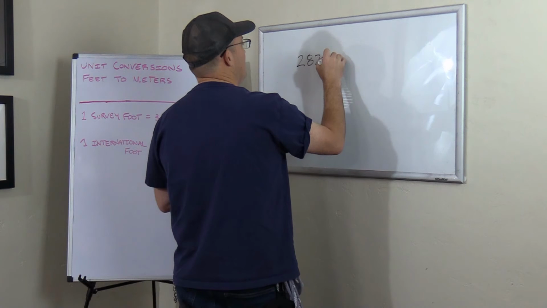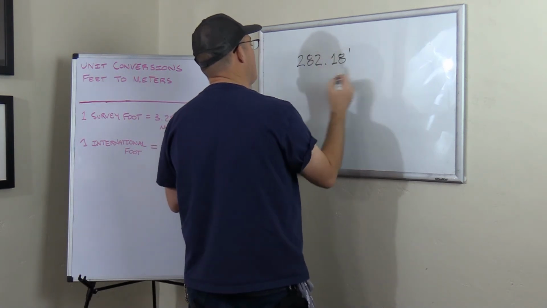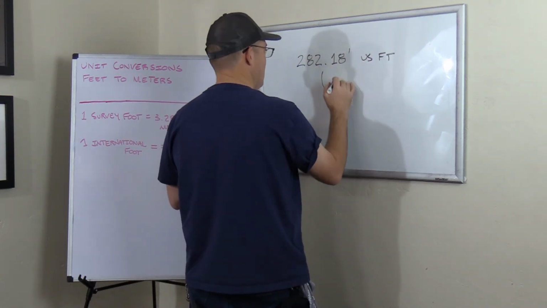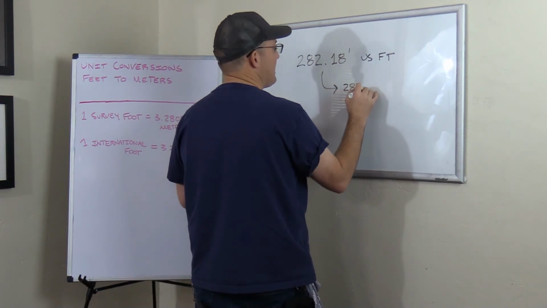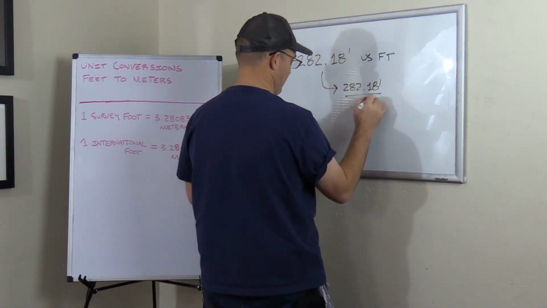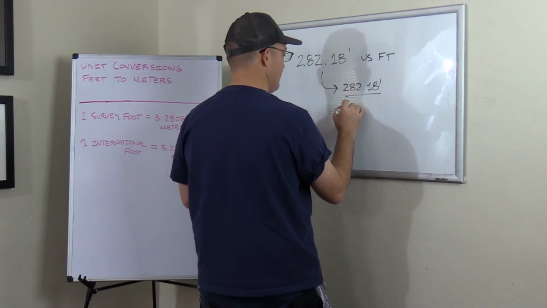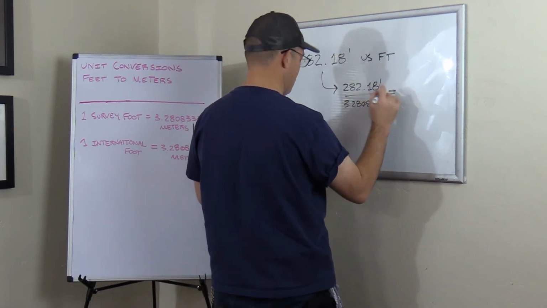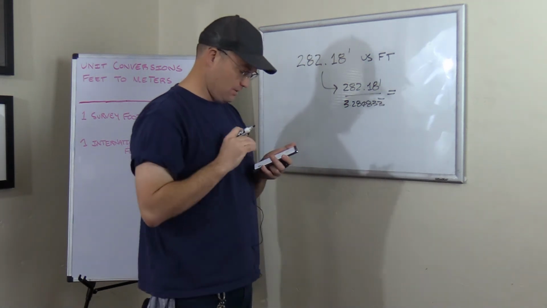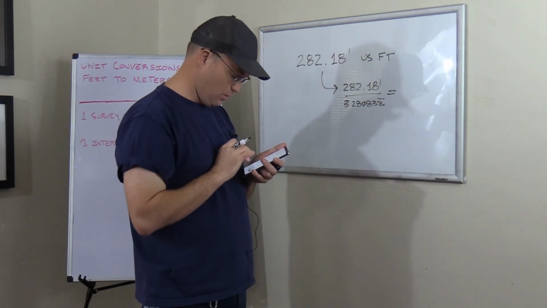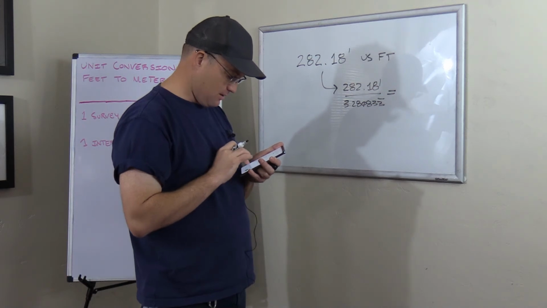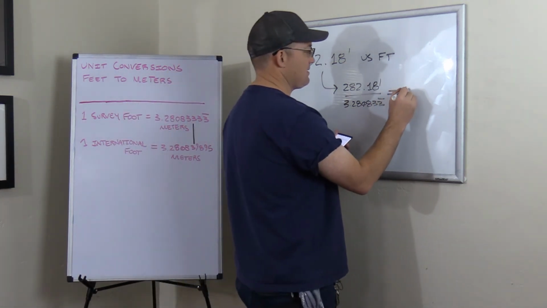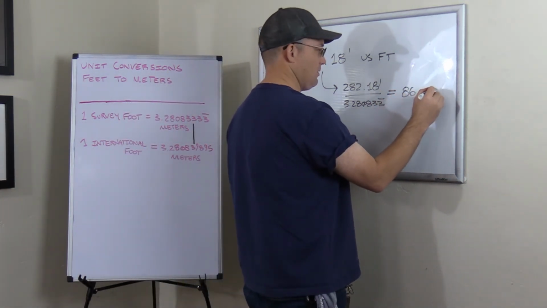So if I have 282.18 feet, this is US feet, and I want to know what that is in meters, we just take this number divided by that conversion. 282.18 divided by 3.280833333333 equals 86.008 meters.